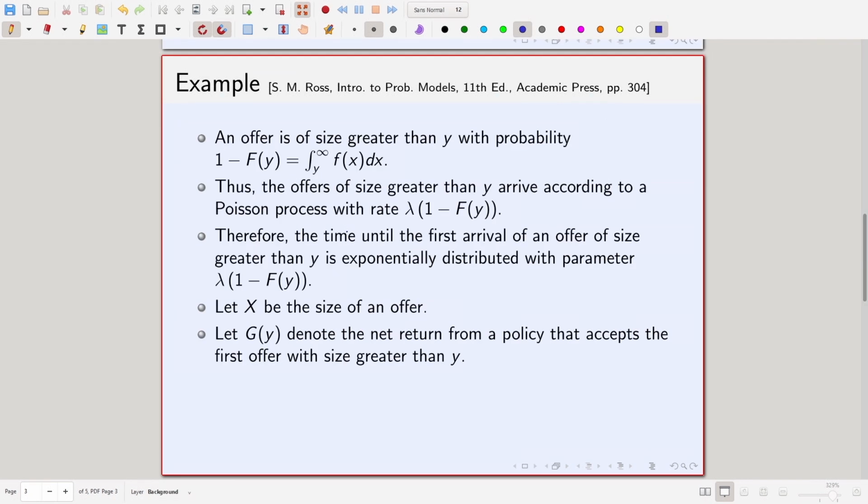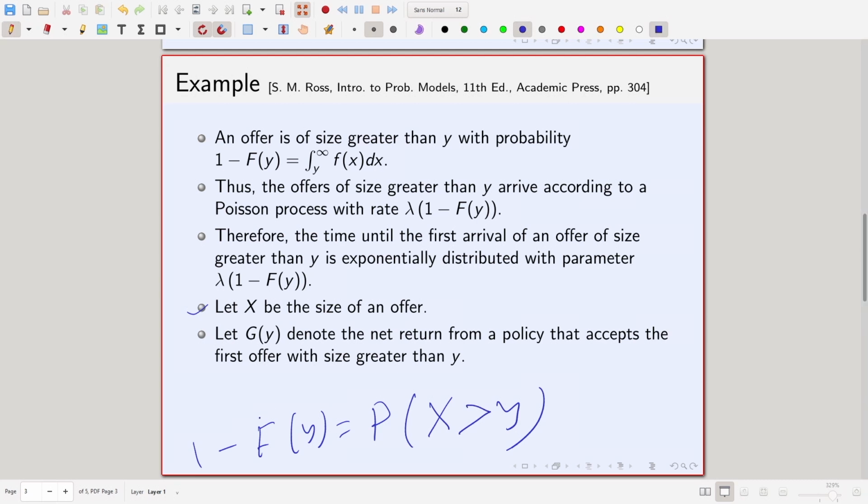So, the probability that the offer will have size greater than y is 1 minus F(y), where F(y) is the probability that x, the size of the offer, is less than or equal to y. So, 1 minus F(y) is basically the probability that x is greater than y.